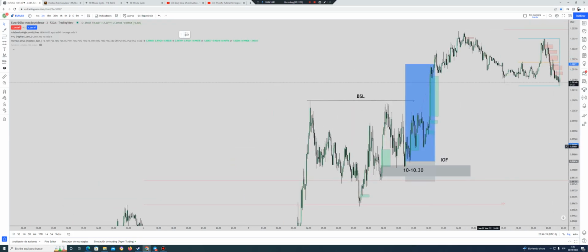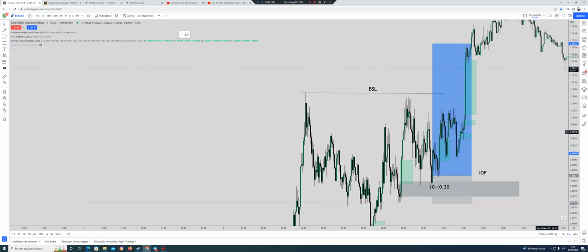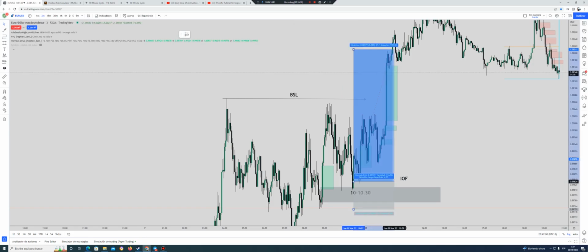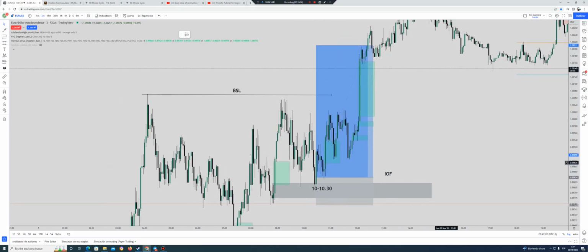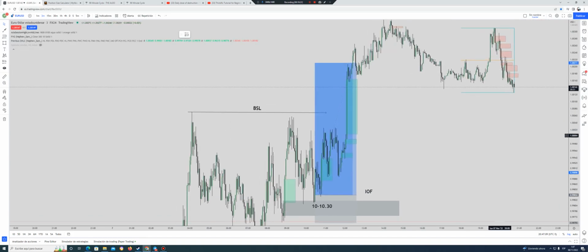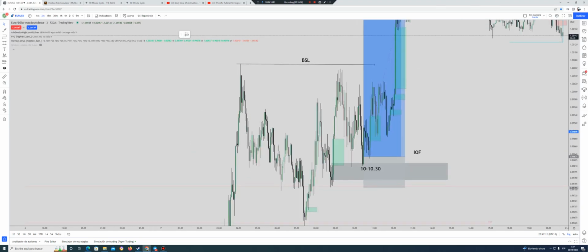because the 90-minute cycle is only intraday. It's to trade intraday. Yes, you can have a context on the buy side liquidity on the daily time frame, the 4-hour time frame, the hourly time frame, but as the CLS resets every day, I only try to be focused on taking trades intraday, focusing on my intraday time frames, my 15-minute, 5-minute, and 30-minute time frames.